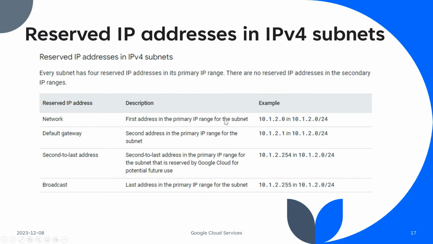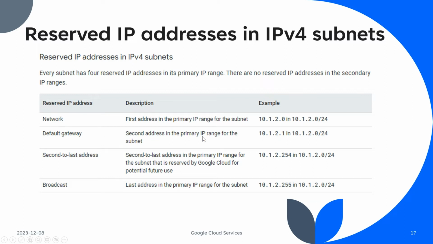So let's say this is your network range, 10.1.2.0. The first address in the primary IP range of the subnet, 10.1.2.0, is reserved for the network.